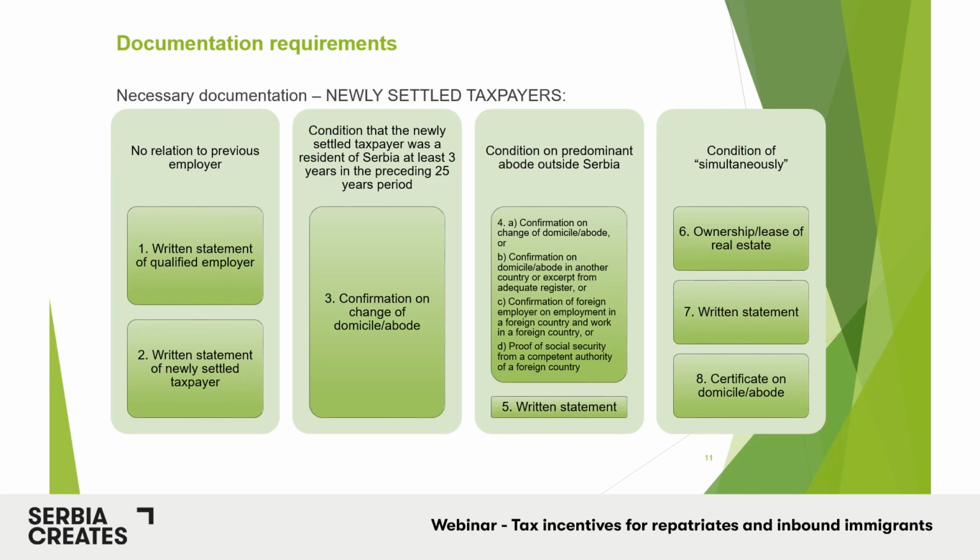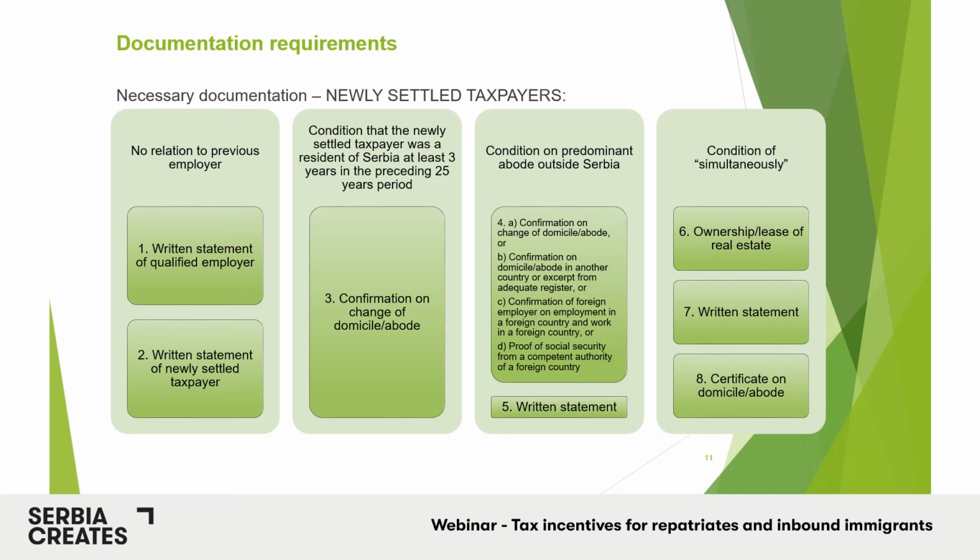And the same thing is in Serbia. If you immigrate, you should register with the authorities the change of your domicile, or register the fact that you have moved out from the country.